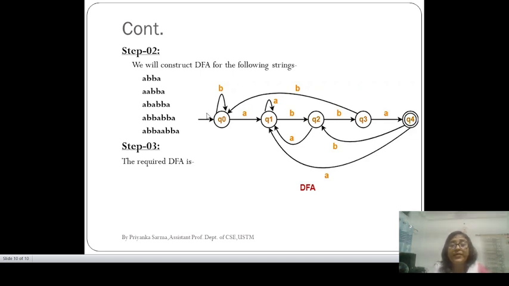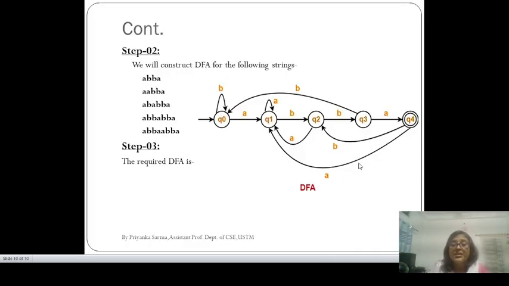Next symbols we need are double B. From Q4 we can accept B and move from Q4 to Q2. Next symbol again B, so from Q2 we accept B and reach the Q3 state.